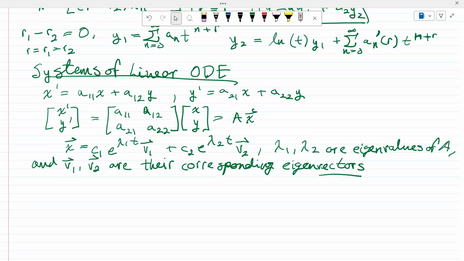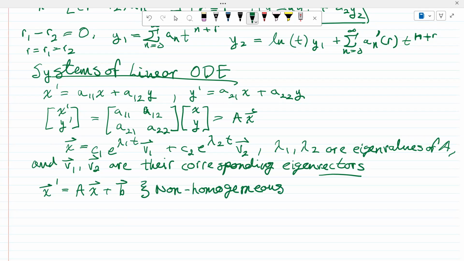In this case, we still might have the case where the derivative of this vector is equal to A x plus some other vector. So this is called a non-homogeneous system of linear ODEs.